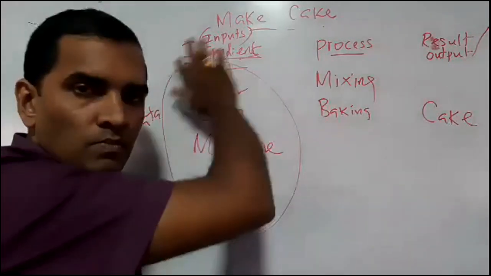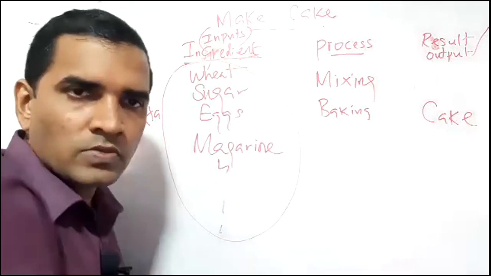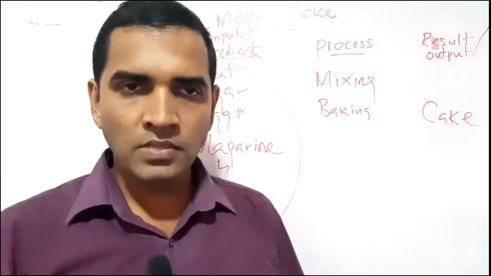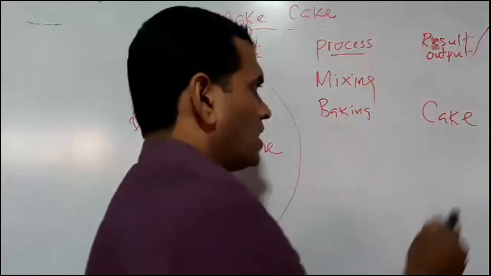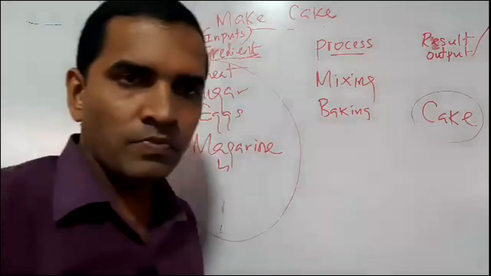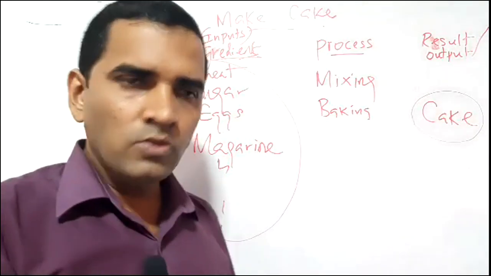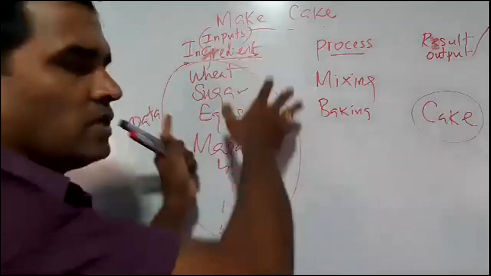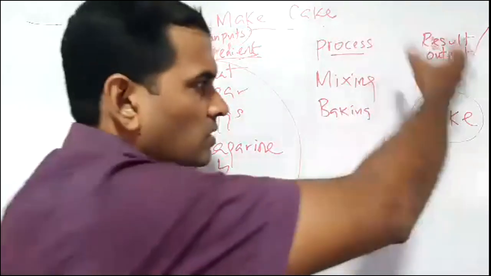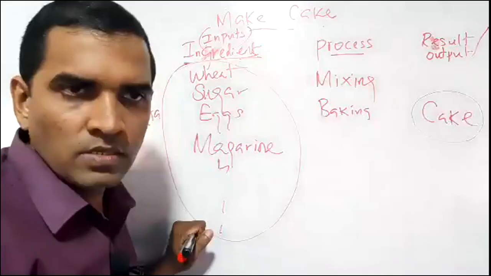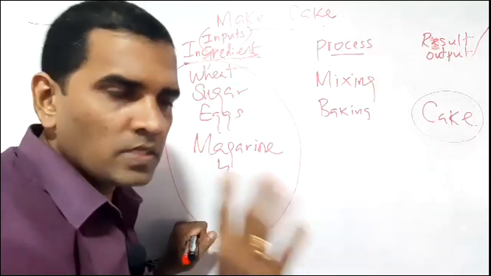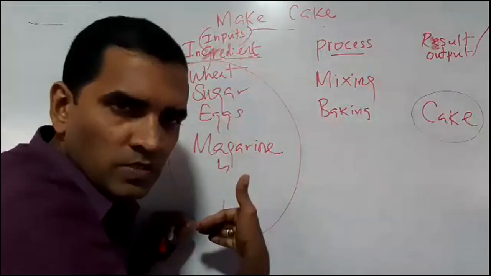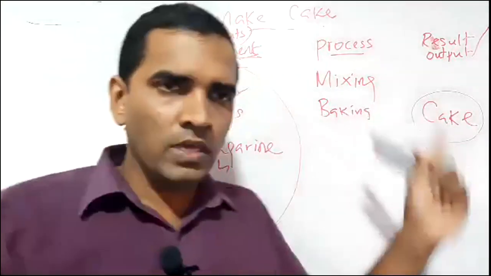Look here. This is a big circle, because I have plenty of things. But now I can draw a small circle because I have only the cake. You know, both are the same. The things on the left side are similar to the things on the right side. But the difference is here you have unprocessed things, so that's why it looks big.